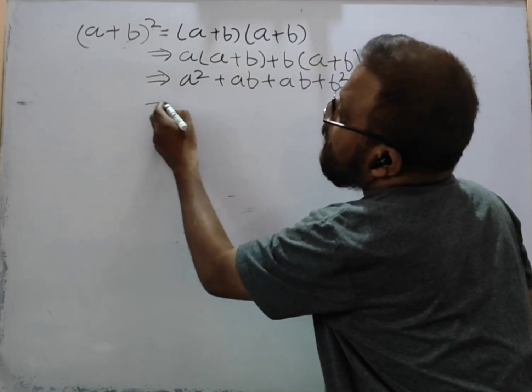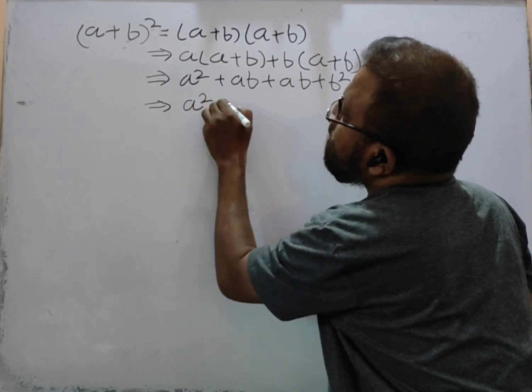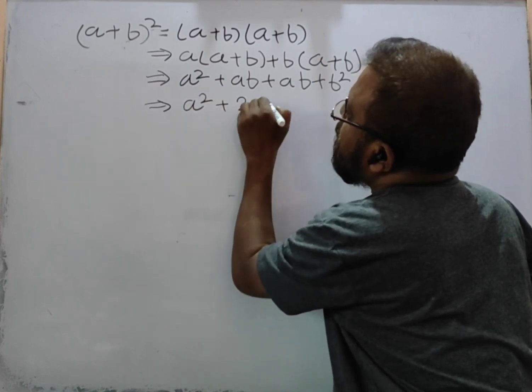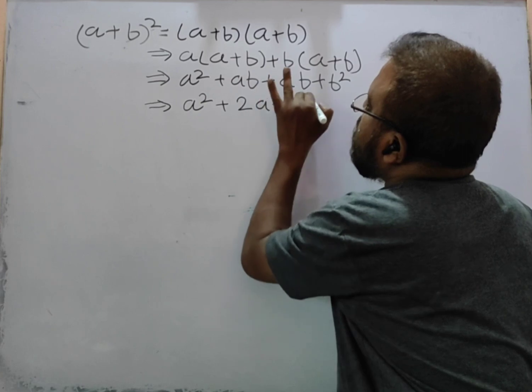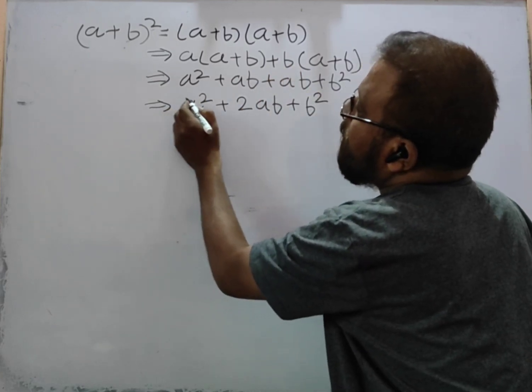So we write it a square plus 2ab plus b square. This is what we get, right?